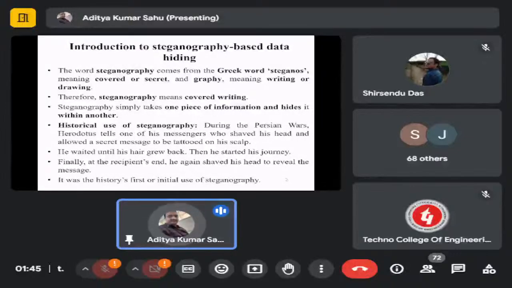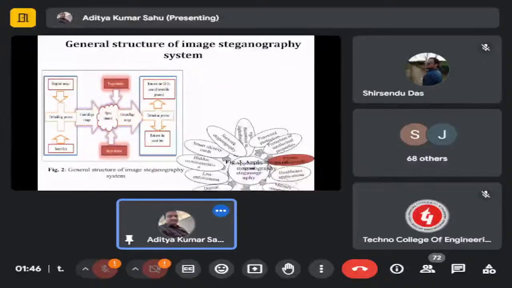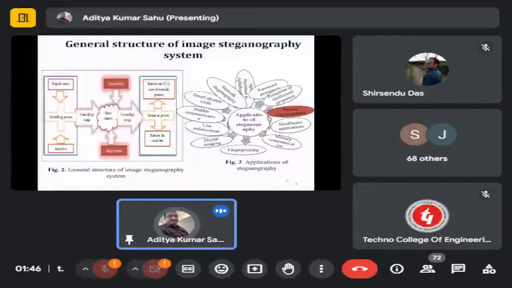And he would wait until the hair grew back, then the messenger would start his journey. Finally, at the recipient end, once again the head would be shaved, and the message would be revealed. This was the initial use of steganography in history.